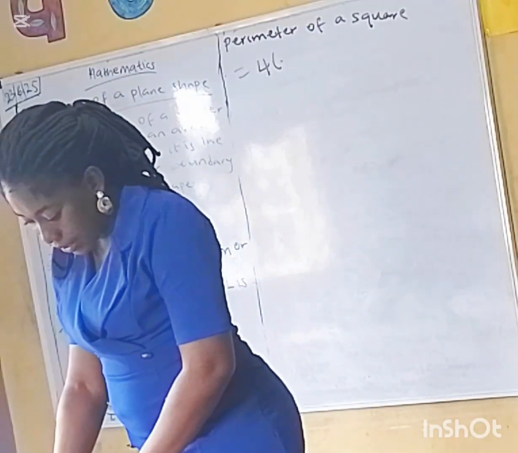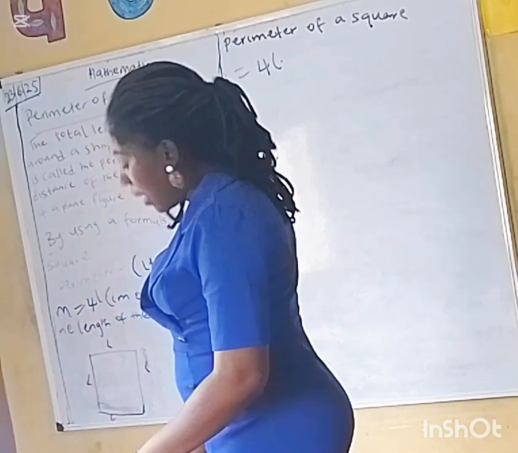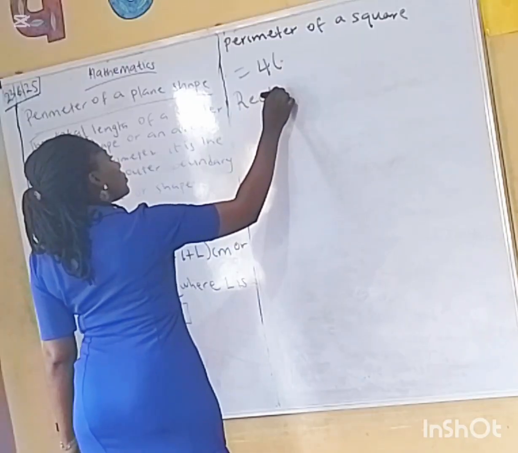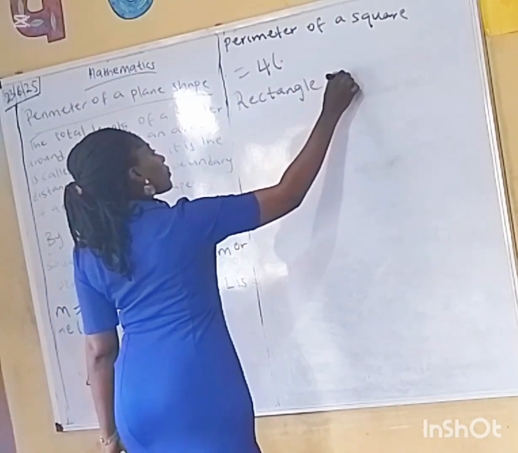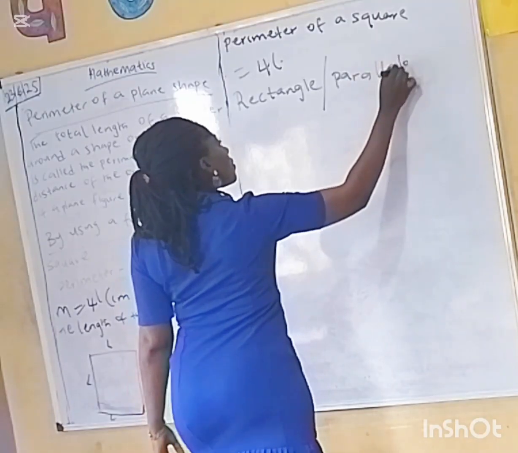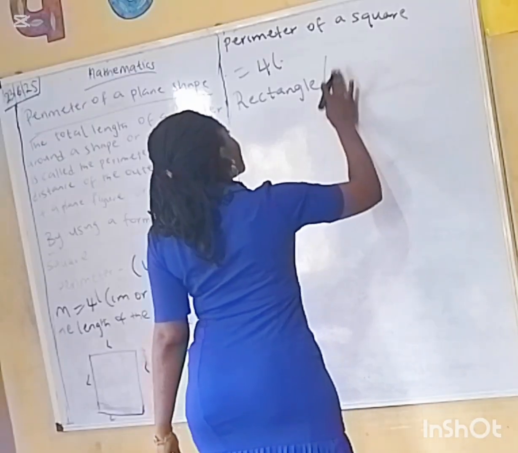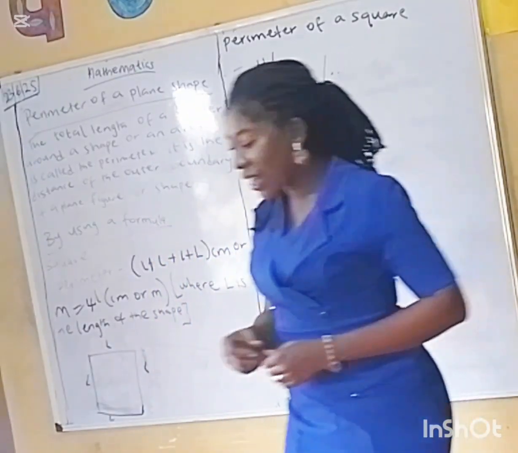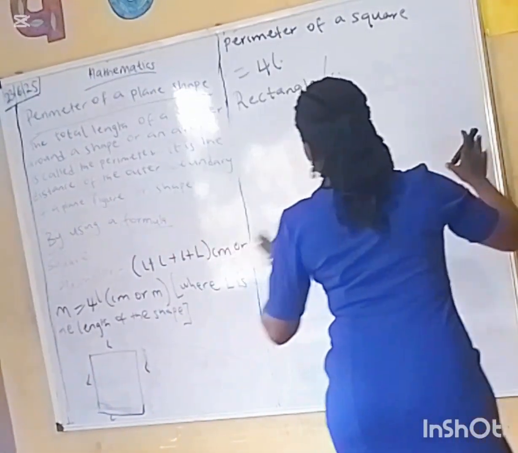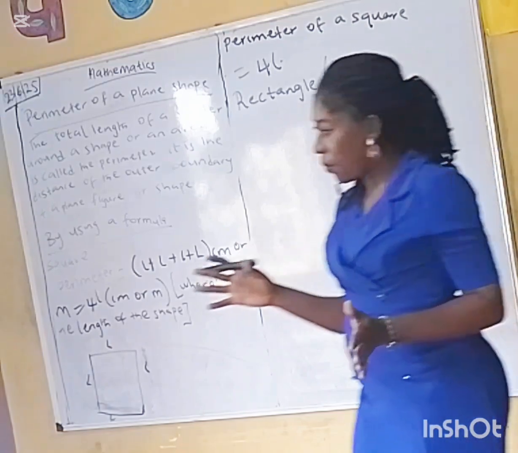Now the next shape is the rectangle or parallelogram. Don't forget the rectangle and the parallelogram are the same shape. The difference is that the parallelogram is slanted.